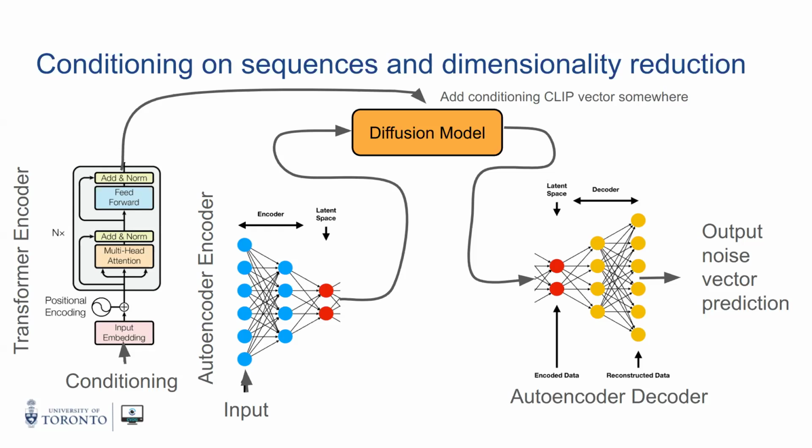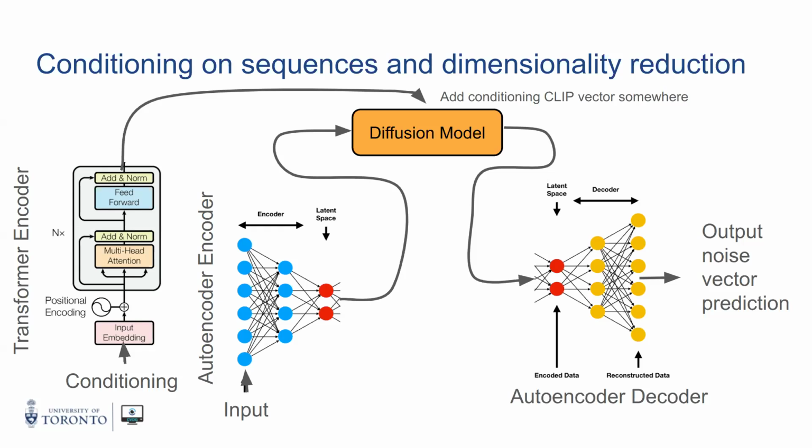Anyone? This is our image and our time step. We get back our predicted noise, epsilon theta, right? Okay. So the first thing we're going to do is inject some information into our neural network right here. And this is going to be some text input. Okay, that makes sense to everyone?